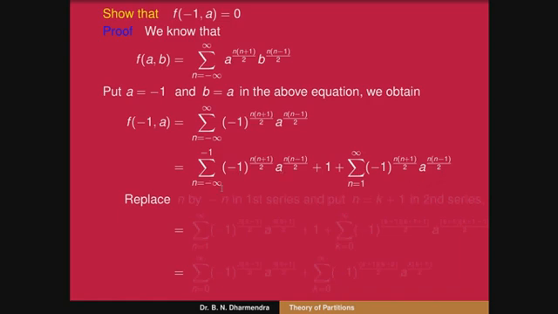That's why we can replace in the first series n by minus n, and put n equal to k plus 1 in the second series.